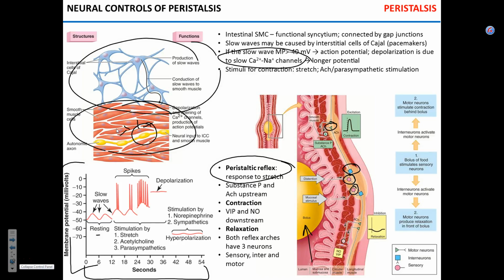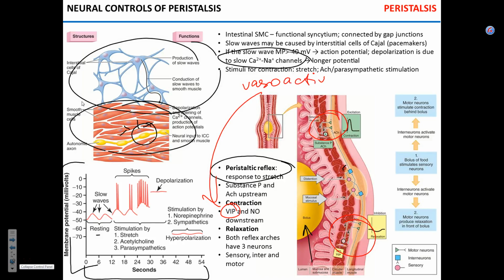But the interesting thing is that upstream of the bolus, so closer to this end of the alimentary tract, closer to the beginning, motor neurons produce substance P or ACh. Those two chemicals stimulate the contraction of the smooth muscles. Downstream, motor neurons produce nitric oxide and vasoactive intestinal peptide, VIP.